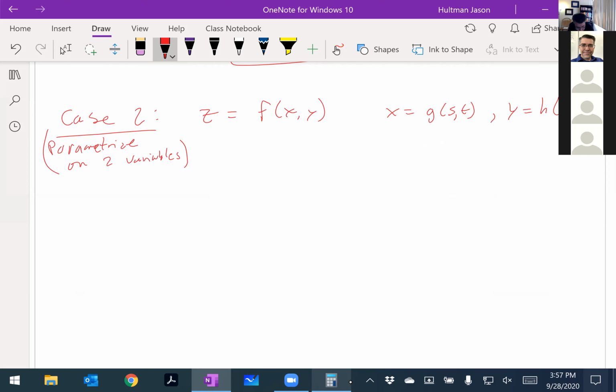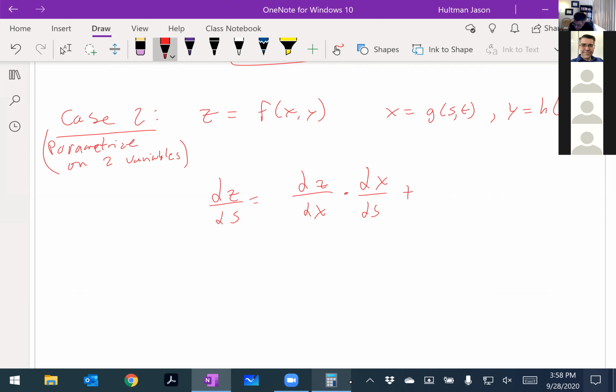So for this one, we can only take partials here. The partial of z with respect to s, our first variable, is equal to the partial of z with respect to x, times the partial of x with respect to s, plus, now there's two parts to this. z has a part of x, which is of s and t, but it also has y, for s and t.